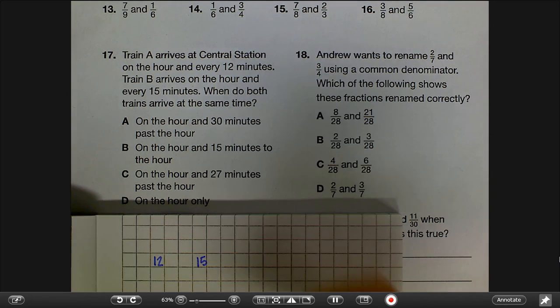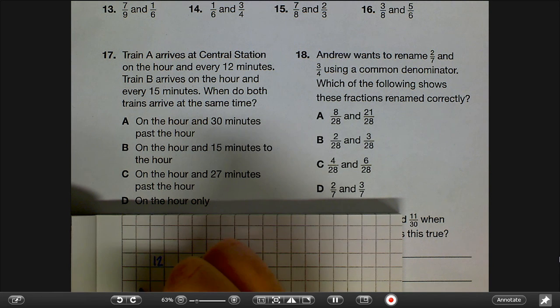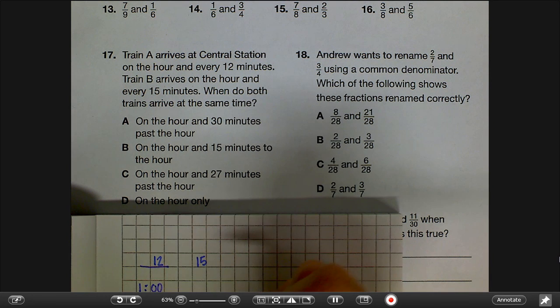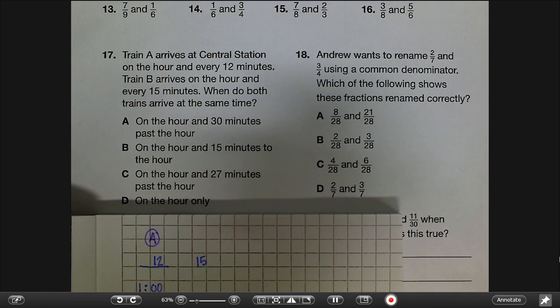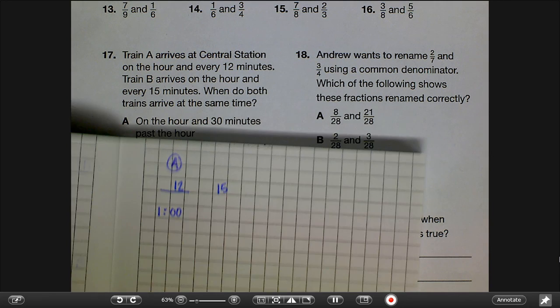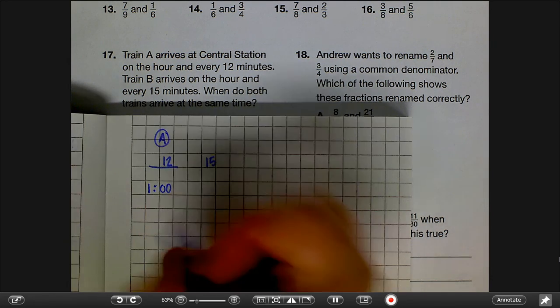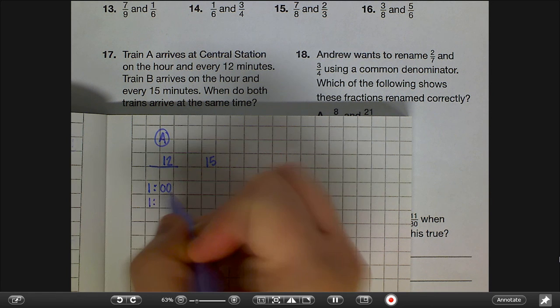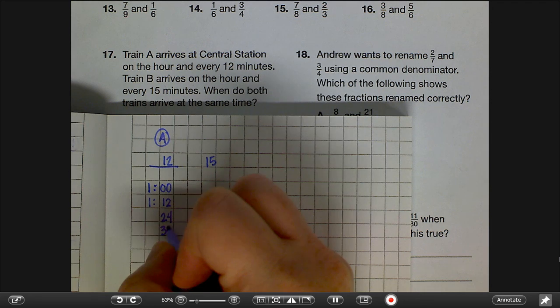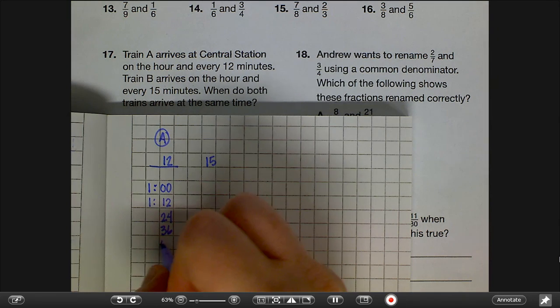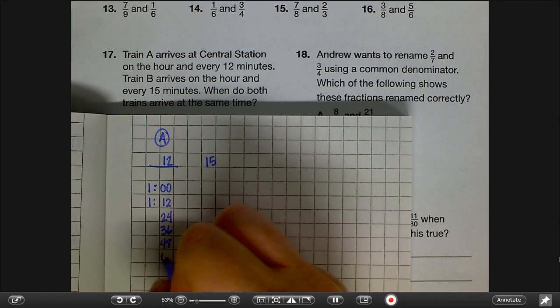Okay, so within an hour, let's start with 1 o'clock. Let's write down each time that this train A comes into the station. It's every 12 minutes. So 1 o'clock, 1:12, 24, 36, 48, and 60.